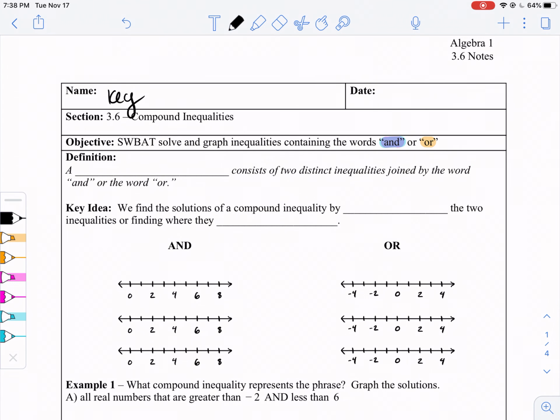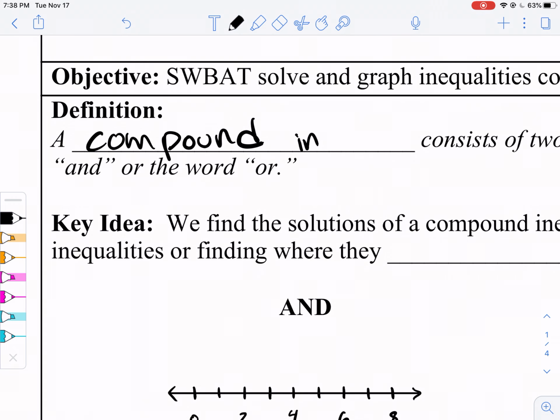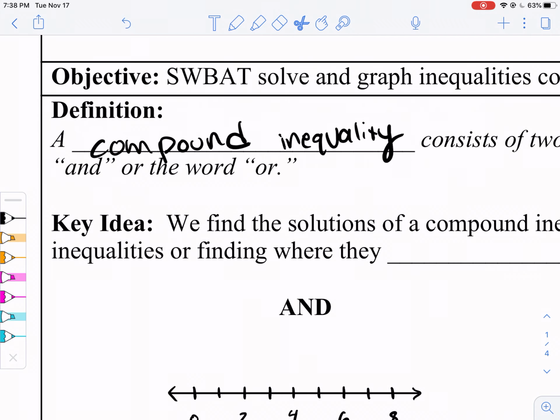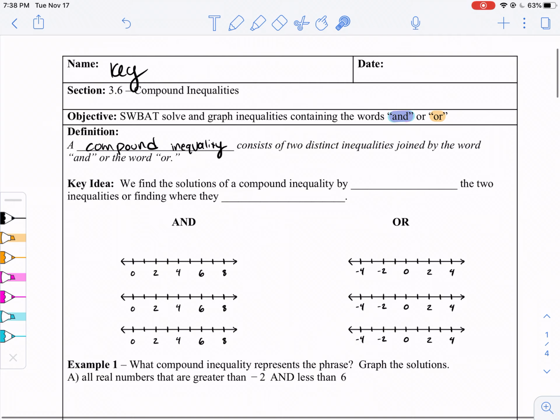Okay, so I said compound inequality. A compound inequality is an inequality that is compounded. Isn't that so helpful? Okay. Compound means put together. So my Spanish speakers out there, compuesto, literally puesto, put, together.